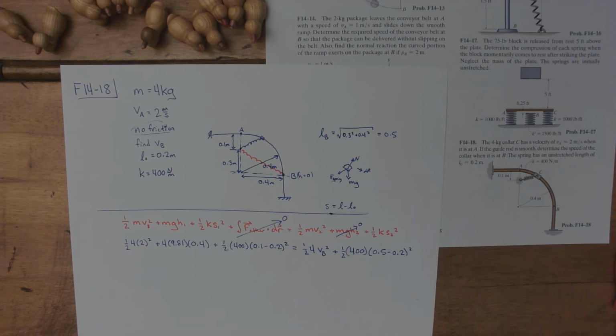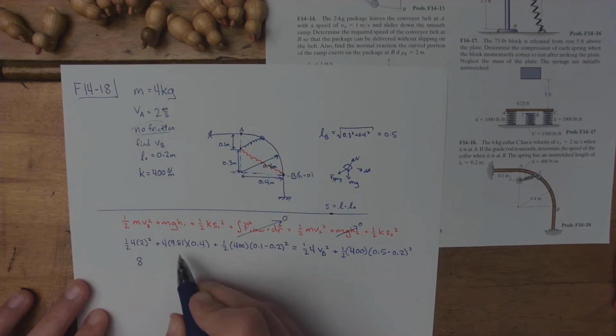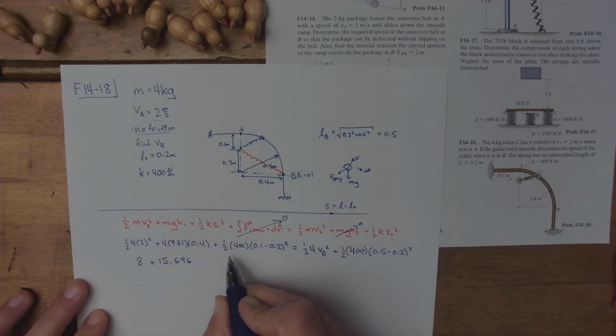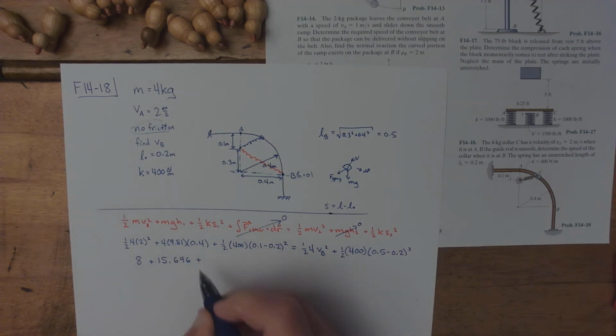Well, it should be pretty easy from this point to find the speed at B. 1/2 of 4 times 2 squared is 8. 4 times 9.81 times 0.4 is 15.696. 1/2 of 400 times, in parentheses here we have 0.1 minus 0.2, which is negative 0.1, and you square that, and so for that whole thing you get 2.